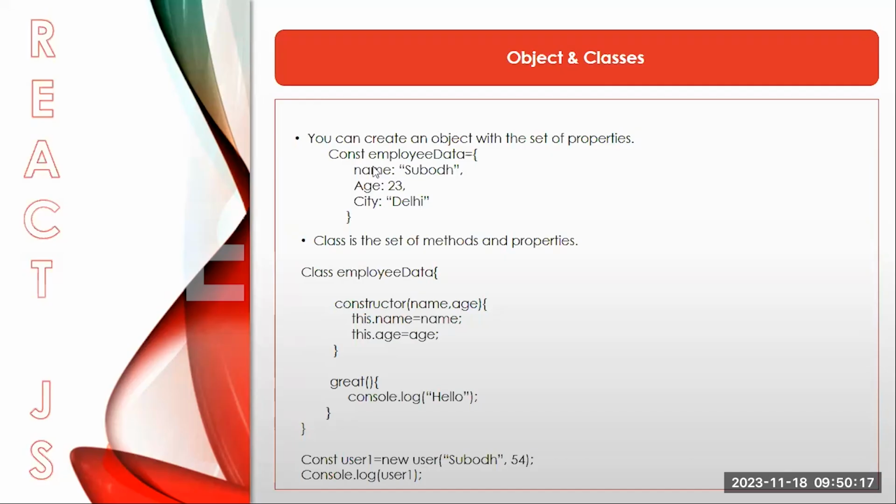The constructor function has different types, parameterized or non-parameterized. If you are using a parameterized constructor, then you need to pass some values whenever you create an object of that class. If you are using a non-parameterized constructor, you don't need to pass any values when creating the object.